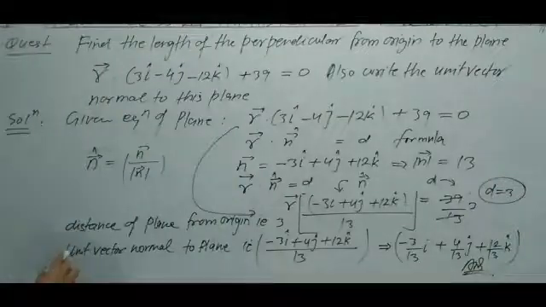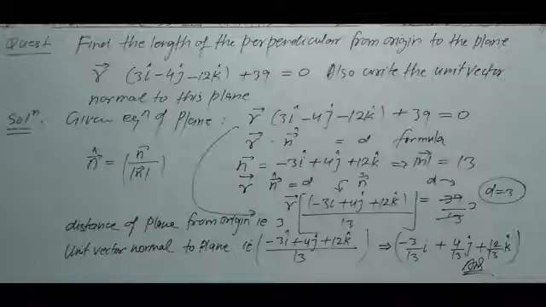Now unit vector perpendicular or normal to this plane, you will see, that is minus 3i plus 4j plus 12k whole upon 13, and separately in vector components, we can write minus 3 by 13 i plus 4 by 13 j plus 12 by 13 k. So this is the answer. Now you can see. If any doubts, can clear it.